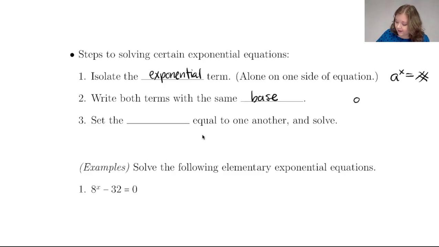So it should be a to a power equals a to some other power. And then we would set the powers equal to each other, or set the exponents equal to each other. That is where we take the exponential property of equality into account, in step 3. And that part will give us our answer.